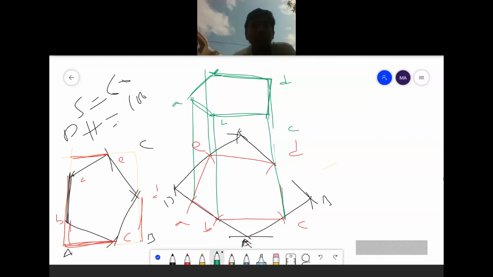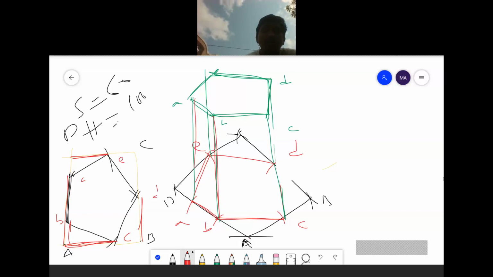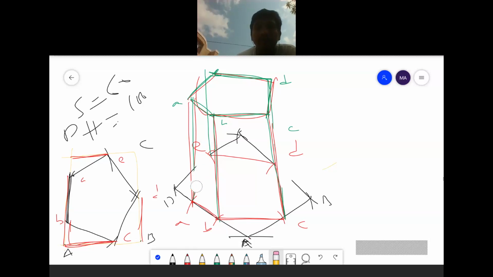Here some are the visible lines and some are the invisible lines. The visible lines will be drawn with a red color pen. I am drawing the visible lines here with a red color pen. This is visible, this is visible, this one is visible, this one is visible, this one is visible. This whole top part will always be visible, and the invisible parts will be drawn with a yellow color pen.